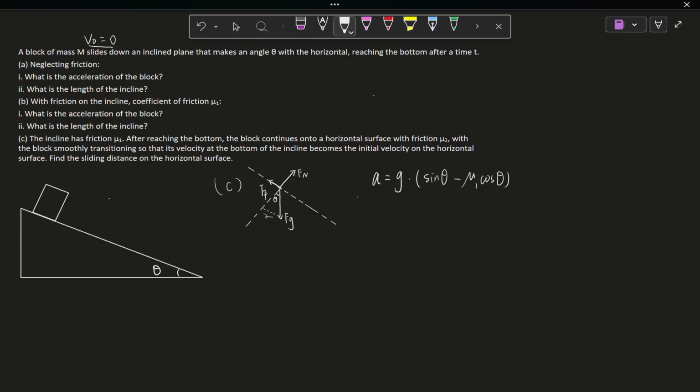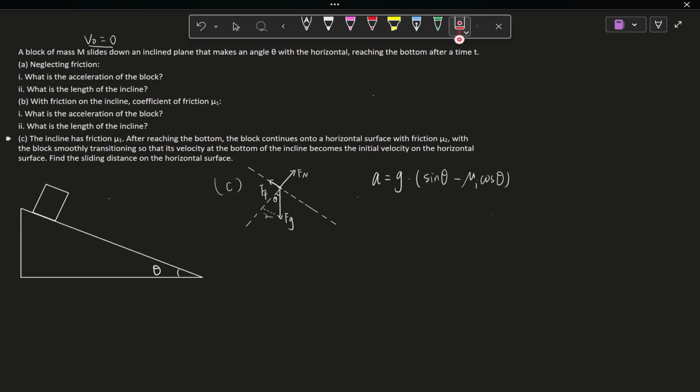C. The incline has a friction coefficient of mu1. After reaching the bottom, the block continues onto a horizontal surface with friction mu2, with the block smoothly transitioning to the horizontal surface so that its velocity at the bottom of the incline becomes the initial velocity on the horizontal surface. Find the sliding distance on the horizontal surface.